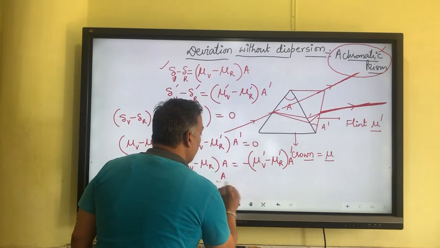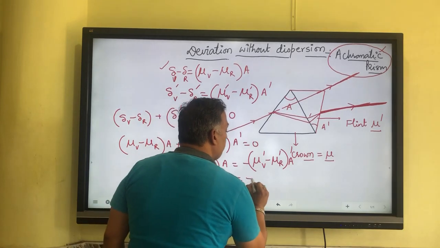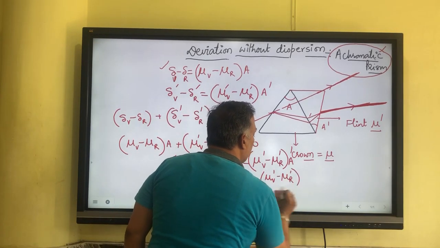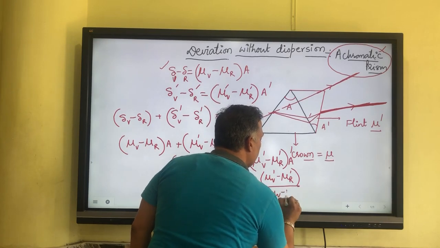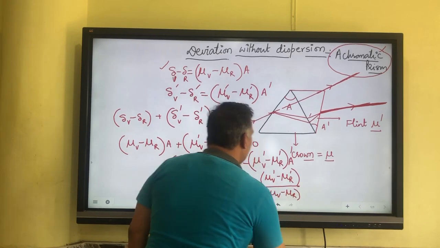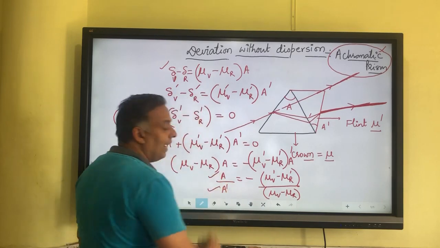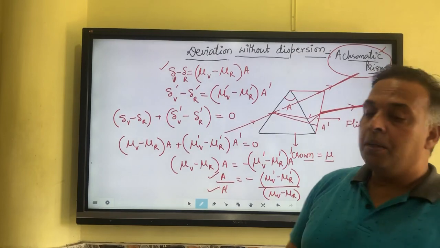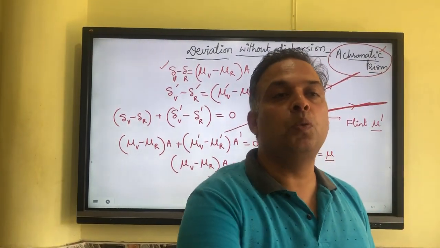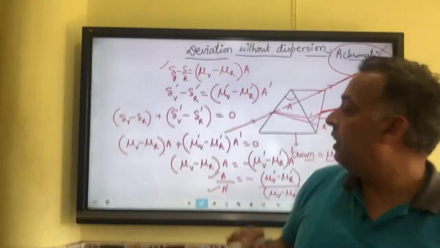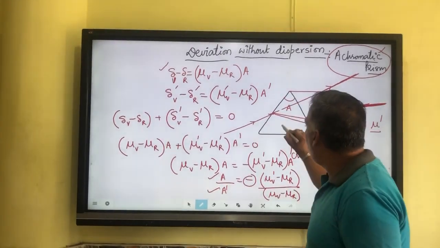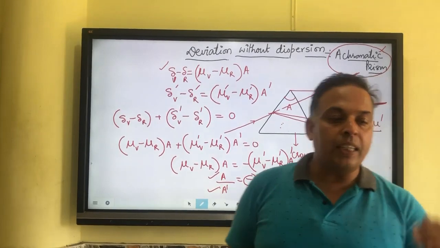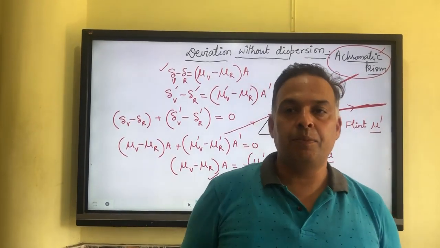So A upon A dash is minus mu V dash minus mu R dash upon mu V minus mu R. The negative sign shows both the prisms are in opposite directions. That's why the sign comes to be negative.